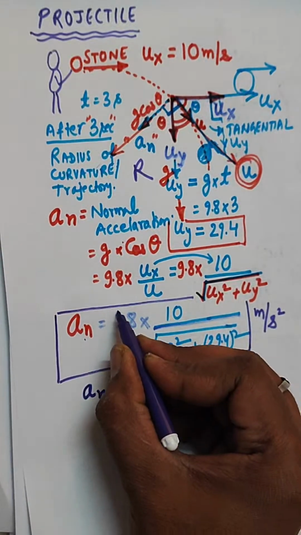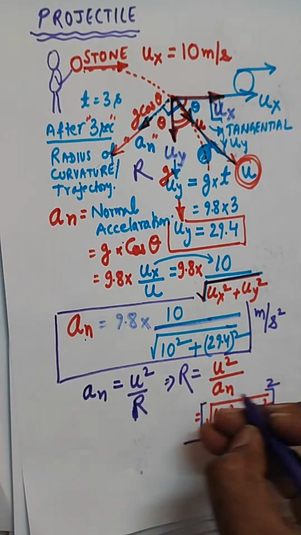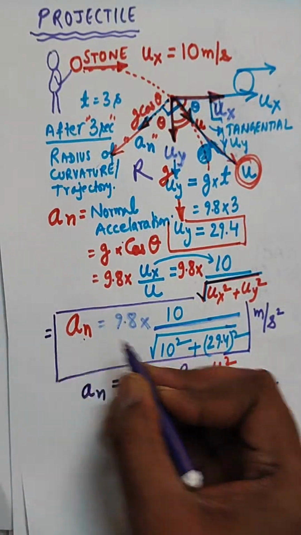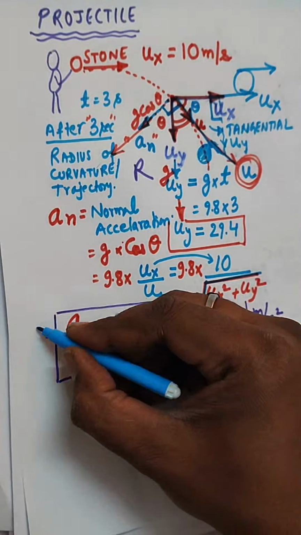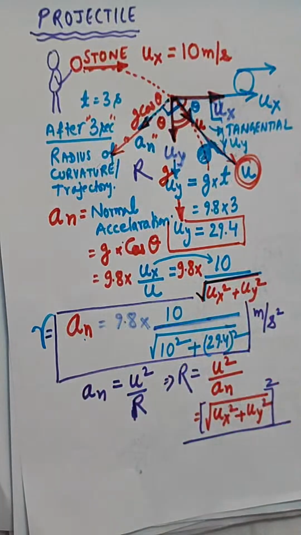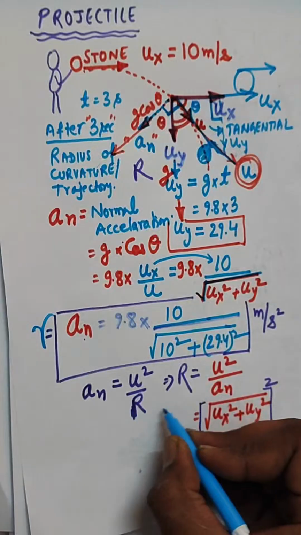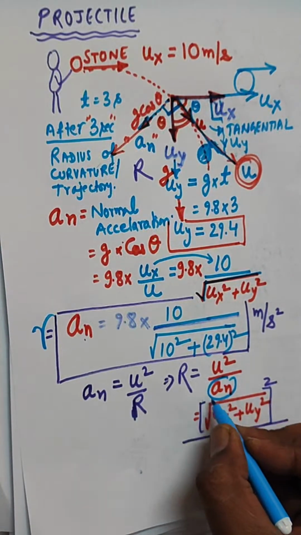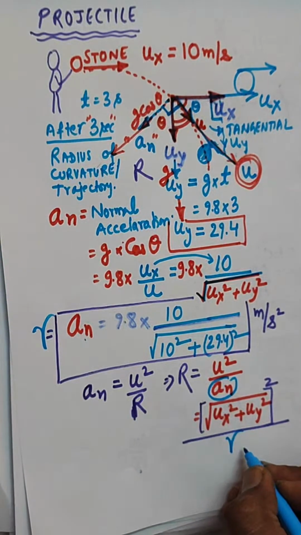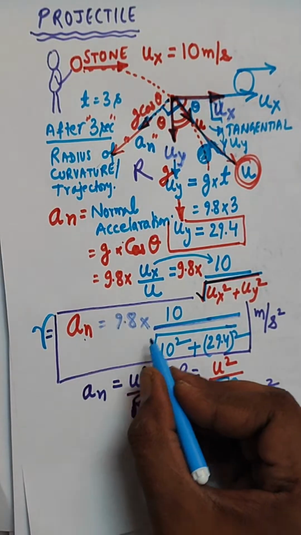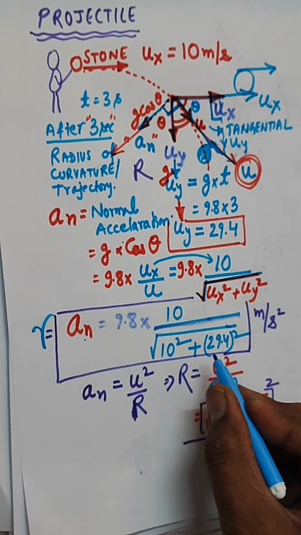I am assuming certain values for this, just allow me. Let me put some gamma, okay? So just put the value of an over here into the denominator as gamma. This is a certain number, because you are going to solve it and you will have a certain number.